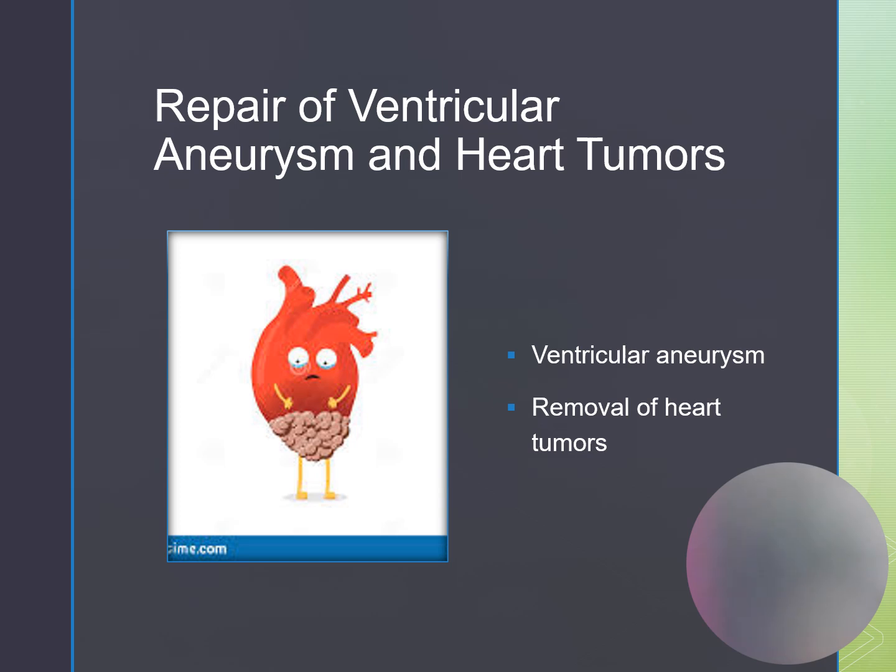It can be caused by a myocardial infarction, and it does require emergency procedures to suture those weakened areas so they don't rupture. With the removal of heart tumors, these can be benign or malignant tumors. They are pretty rare. Benign tumors can extend from the pedicle. They're usually uncomplicated. With a malignant tumor, these usually have a poor prognosis.